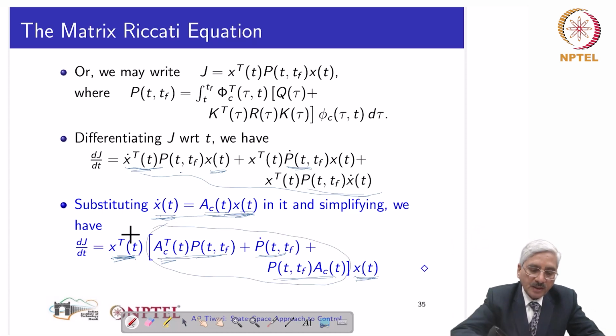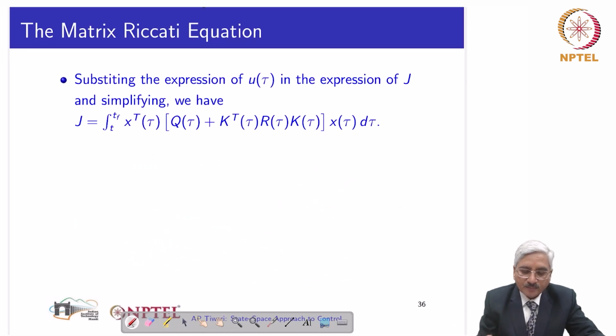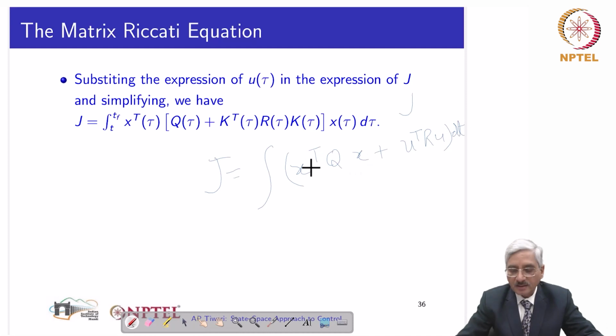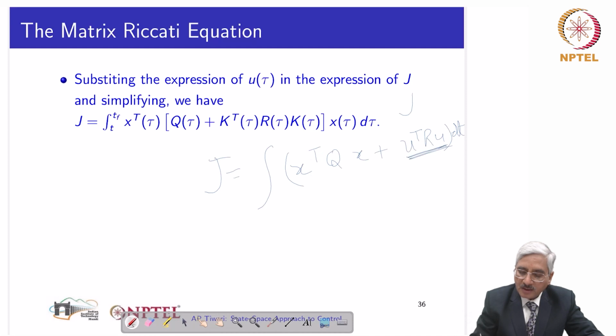We hold with this for some time, and we go back to the expression for J, which was integral X transpose QX plus U transpose RU into dt. I have not written the arguments so that it looks simple. Now in this, for this term, in place of U, we substitute minus kx, because U was minus kx.